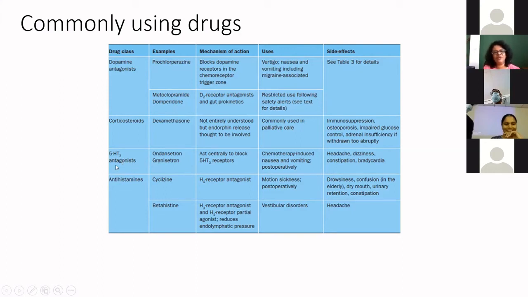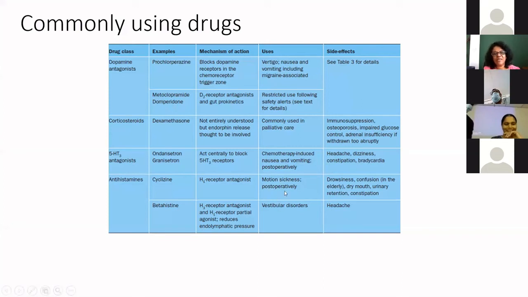Ondansetron we commonly use in chemotherapy-induced nausea and vomiting, and sometimes we have seen even patients come with gastroenteritis, people used to give ondansetron. But that is not actually very rational, but still, because it can cause constipation, sometimes it may be effective. But at the same time, patients end up with severe constipation at the end of the treatment of gastroenteritis, right?